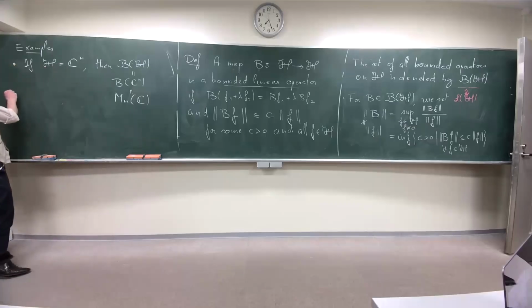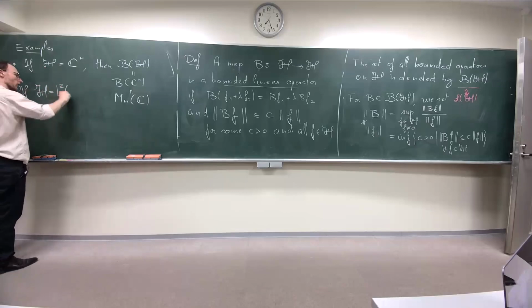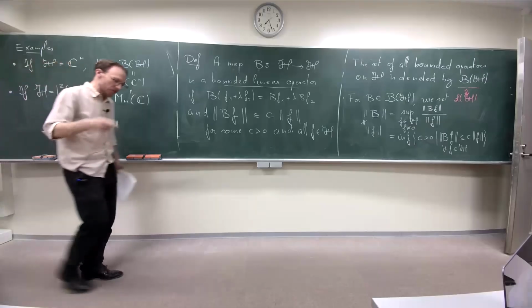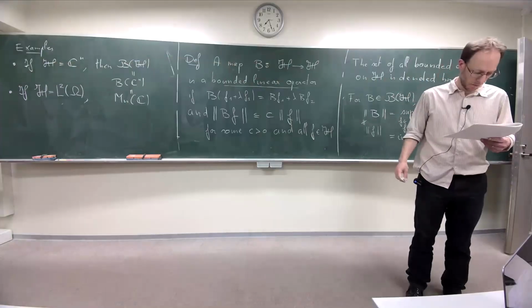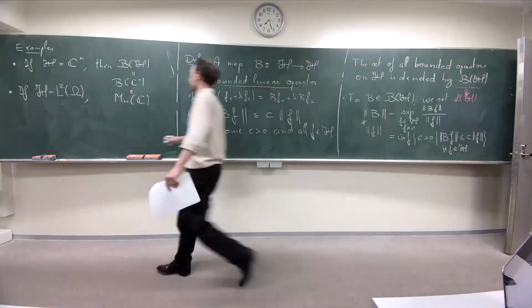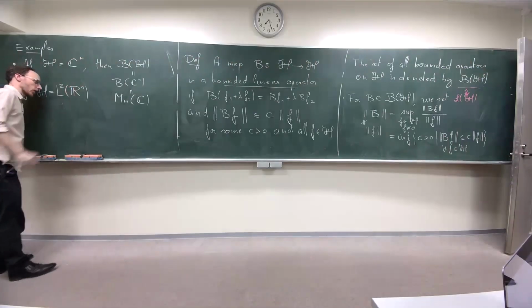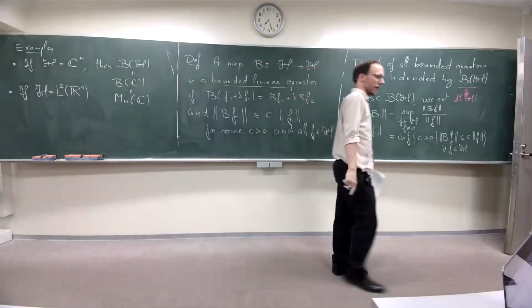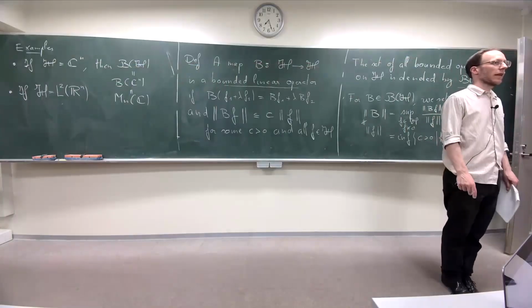But something probably new. If H is L2 of omega. Remember, these are functions defined on omega, or you can take Rn. Let's take functions on Rn which are square integrable. What is a bounded linear operator?